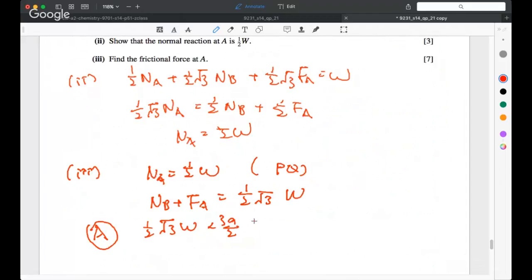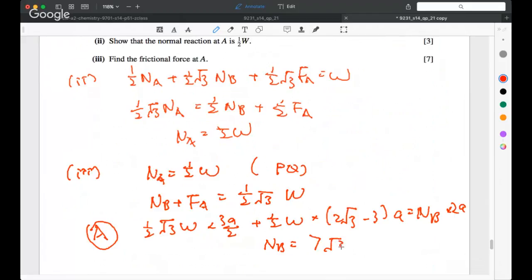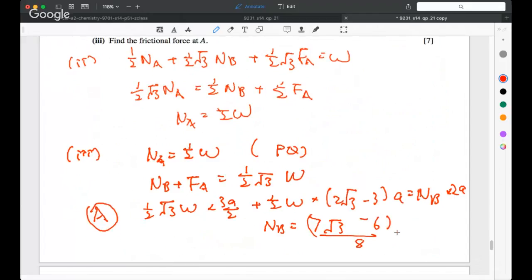This is the moment of the weight, plus a half W times A is equal to MB times 2A. So solving this, we get MB is equal to 7 root 3 minus 6 all over 8 W.